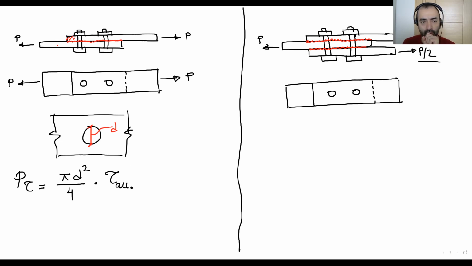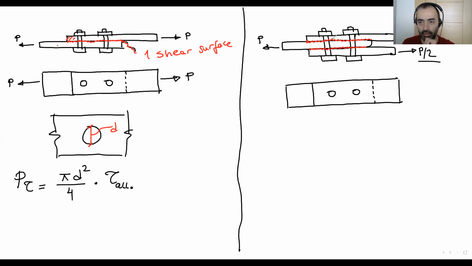Remember, we talked about the shear surfaces. For example, we have one shear surface here. That means only one area works for shear.